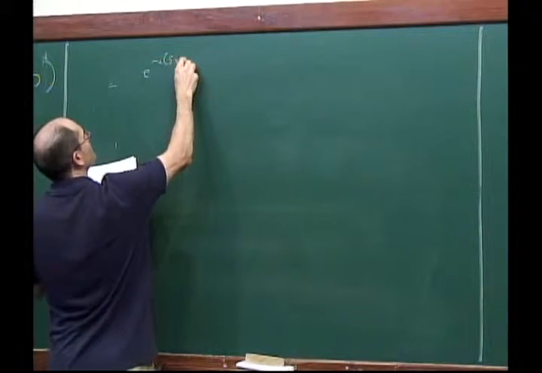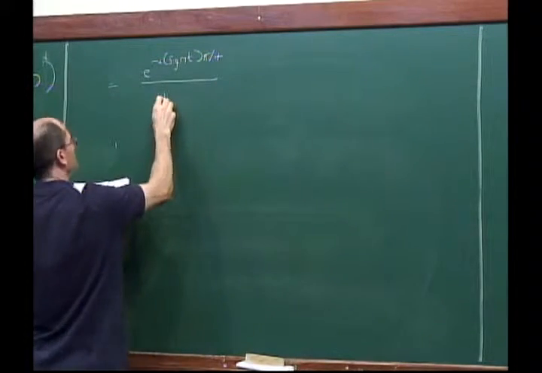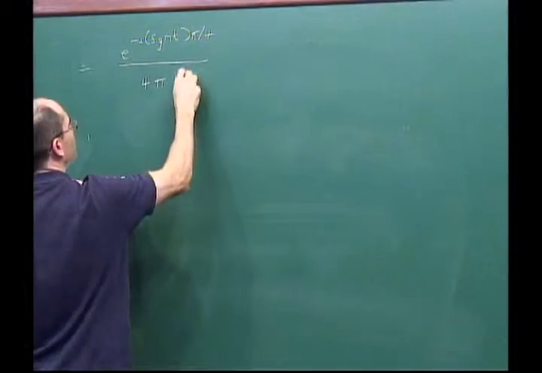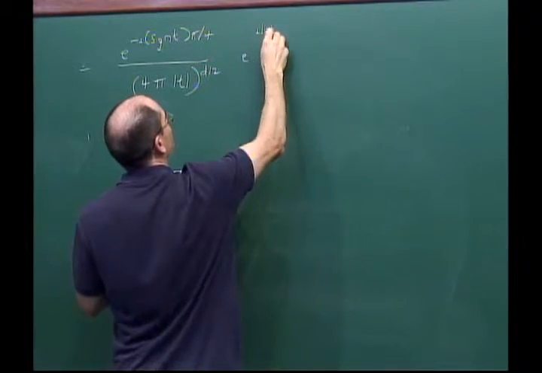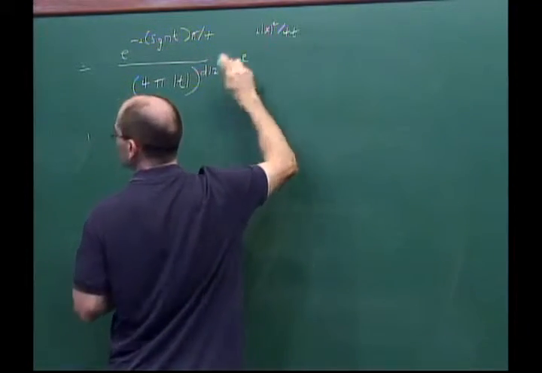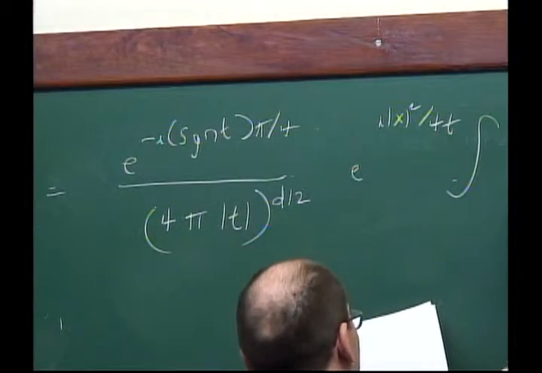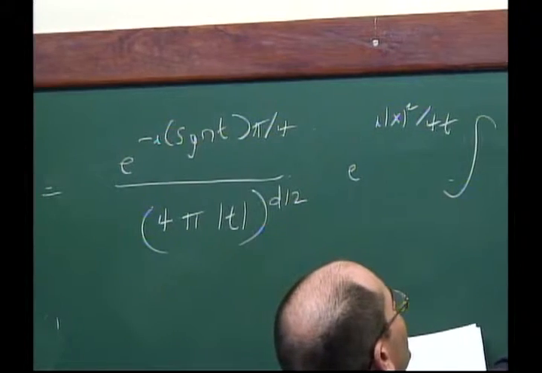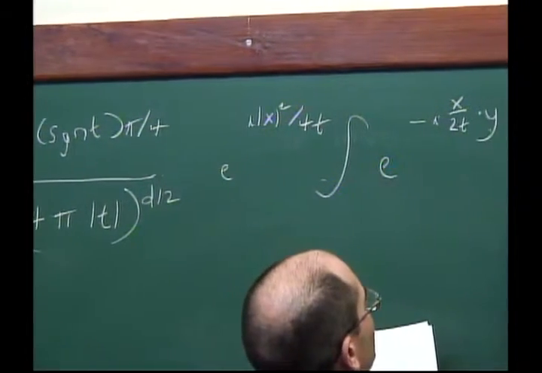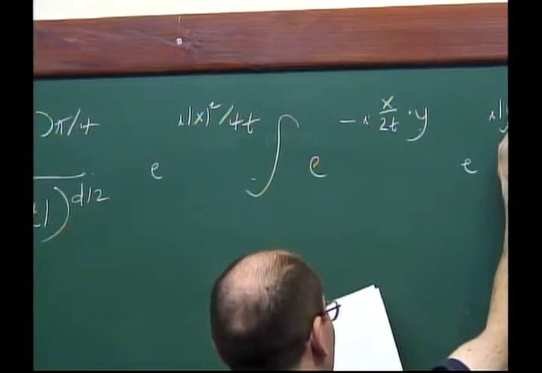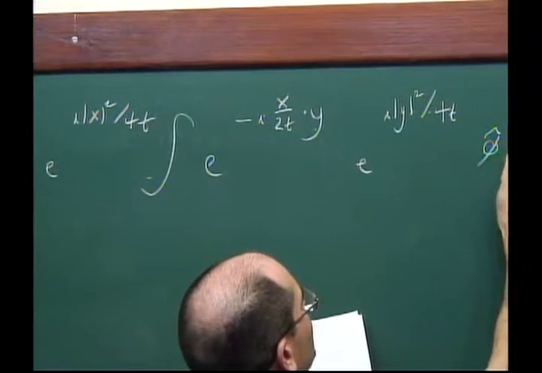It's tedious to write down, but e to the i x squared over 4t comes out, since it's not involved in the integral. And the rest is e to the minus i x over 2t dot y, and then e to the i y squared over 4t phi hat of y dy.